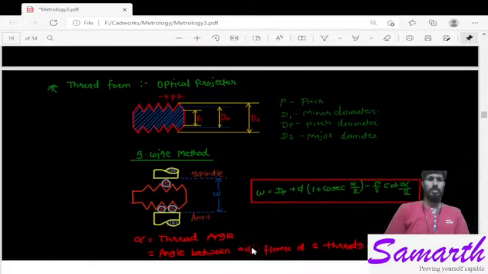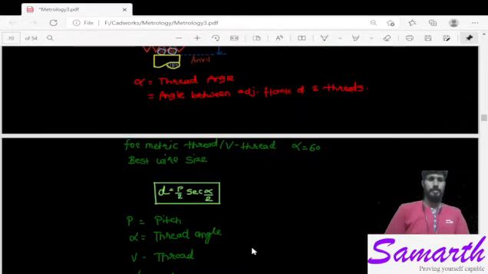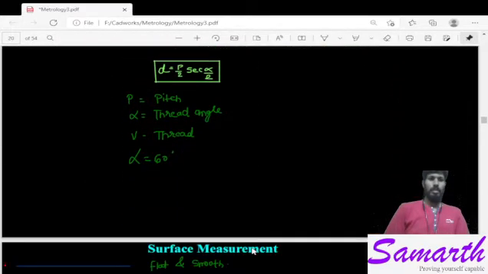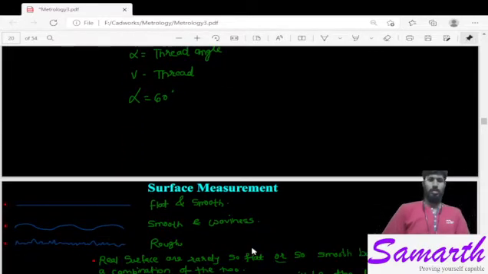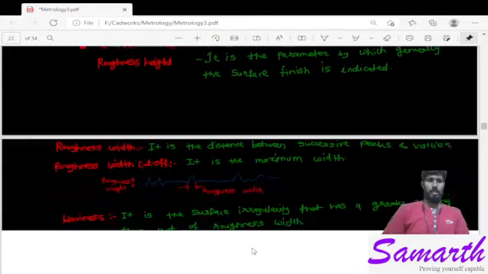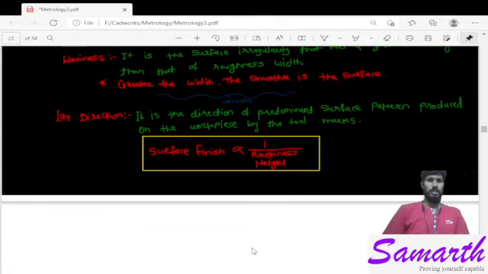We will first complete the surface measurement and all we can cover in the next lecture.